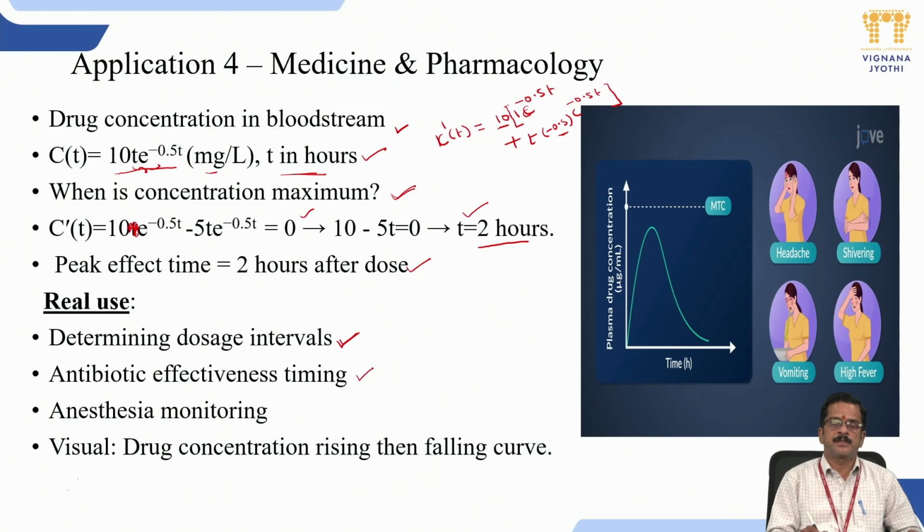Antibiotic effectiveness timings are also defined, and anesthesia monitoring is also done by the concept of derivatives. So determining dose intervals, antibiotic effective timings, anesthesia monitoring, all these things are planned under the concept of differentiation.